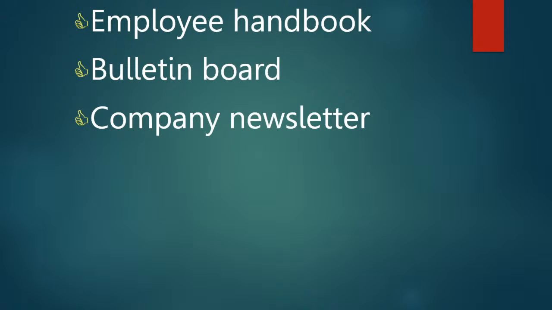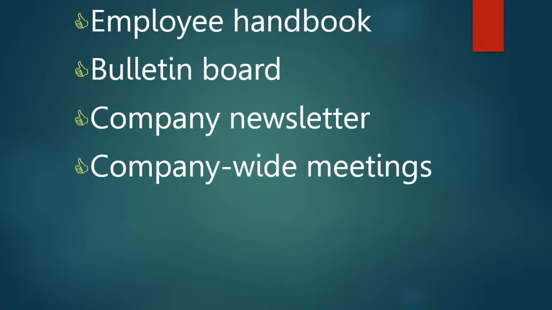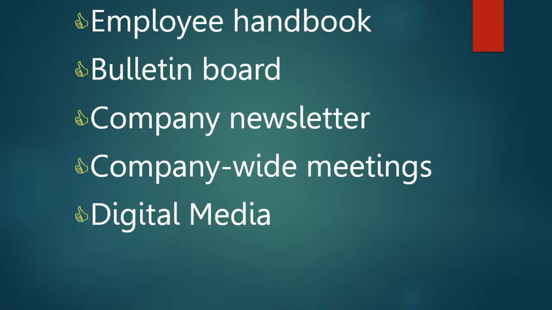We can use the bulletin boards, company newsletters, company wide meetings, digital media. So all these are the different communication methods which can be used by the managers within the organization. I've already explained each of these methods in detail.